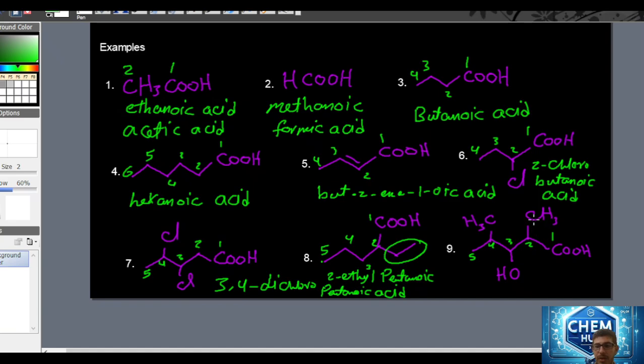Here you have two methyl groups, and you have your hydroxy group. So you have to write your hydroxy group first, three, because it comes alphabetically. 3-hydroxy, 2,4-dimethyl.